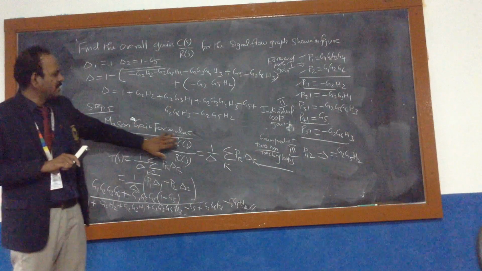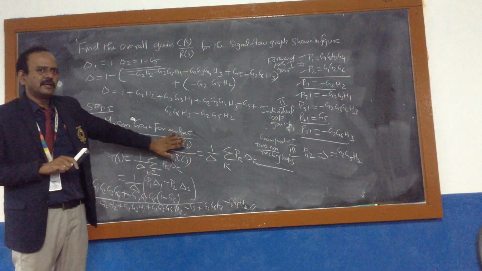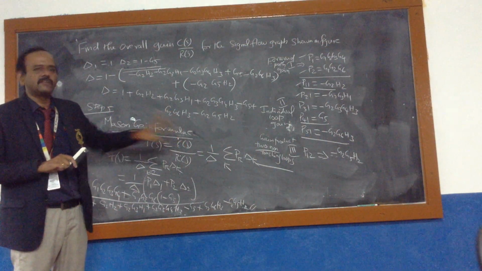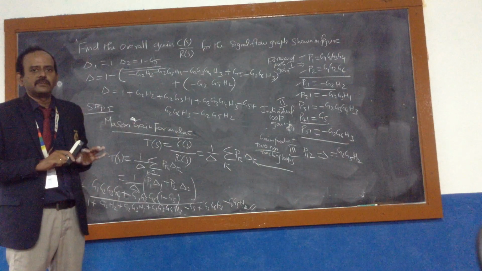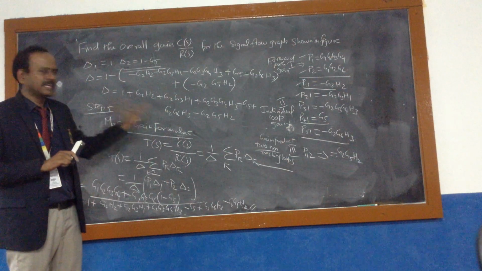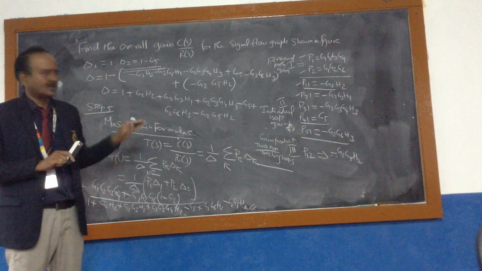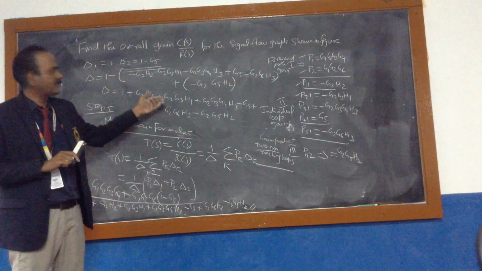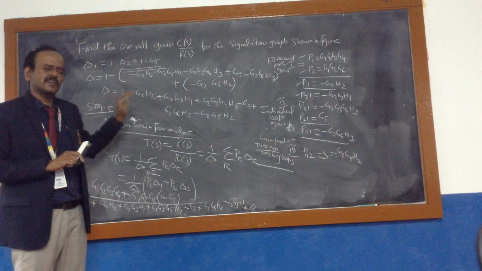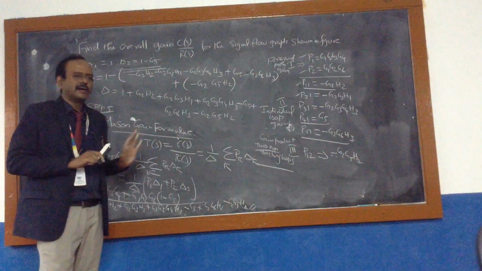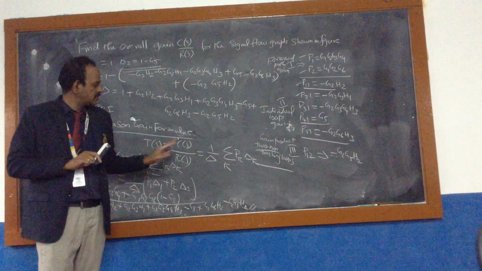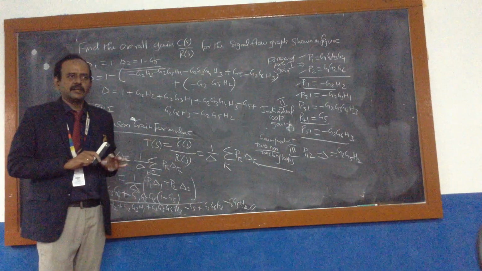Another thing compared to the block diagram reduction, we have to know what the advantage of the signal flow graph is. Using the single formula itself, we can easily find the overall transfer function or overall gain, that is C(s) by R(s).